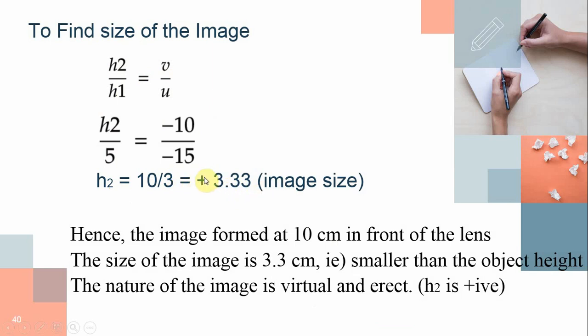Here plus indicates the image is formed above the principal axis, so the nature of the image is virtual and erect. We compare the size of the object and the size of the image. Finally, the size of the image is smaller than the object height.